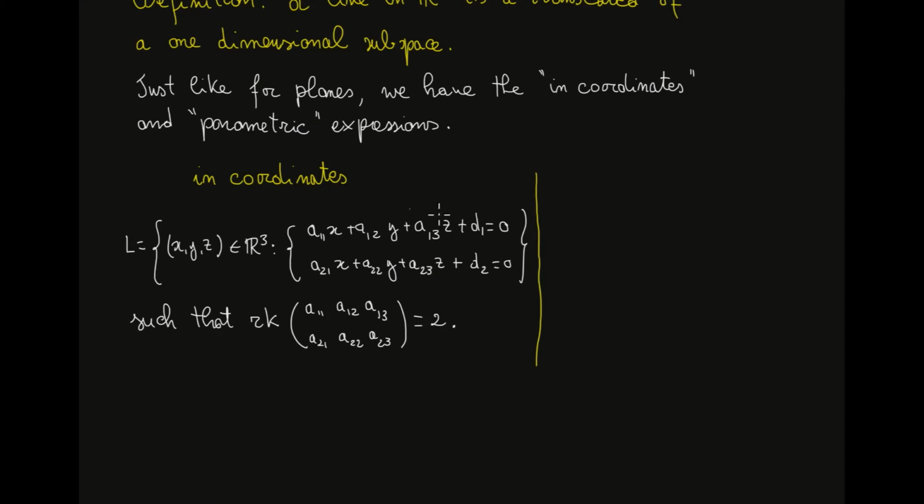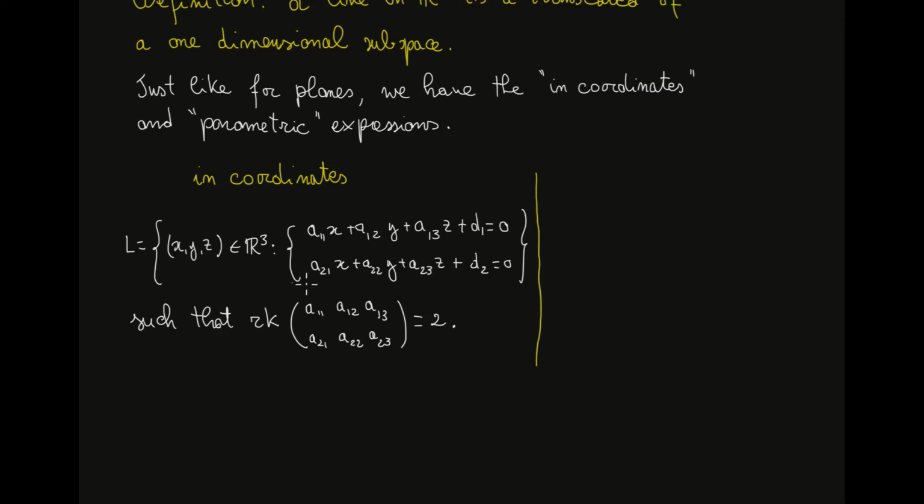Now let's see why this is supposed to be a line. Let's start from the vectors x, y, z in R3 that satisfy just the first equation. Well, in the previous lecture, 12.3, we have seen that all these points form a plane in R3.